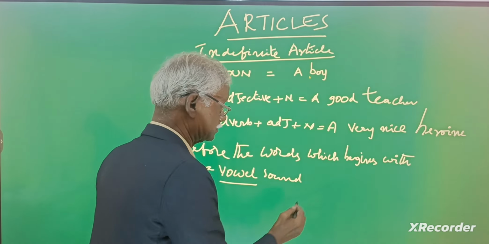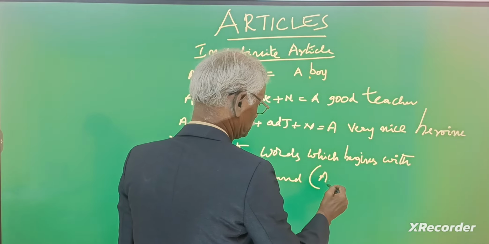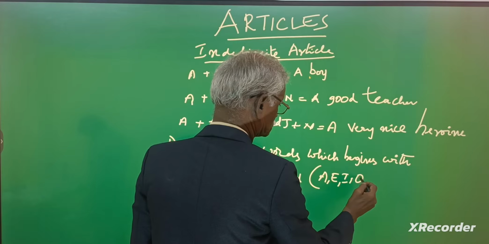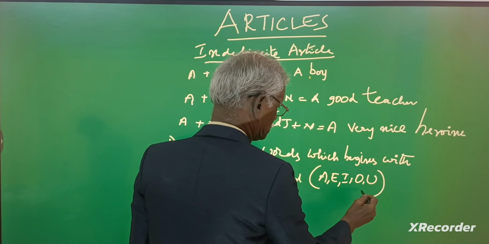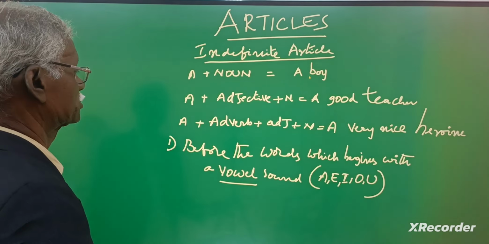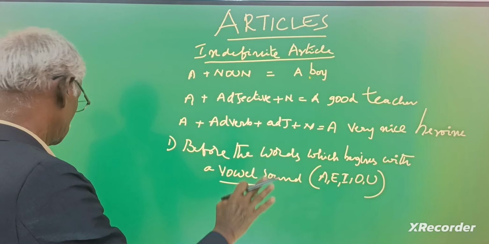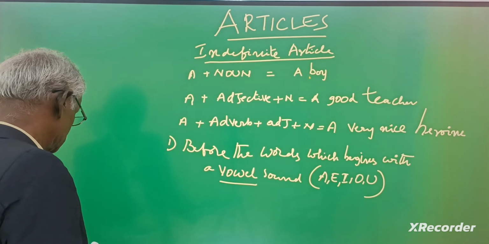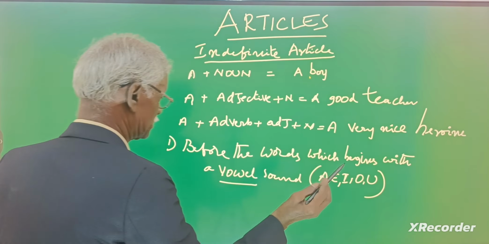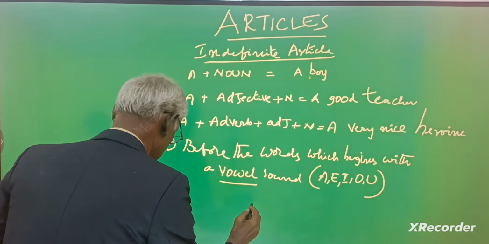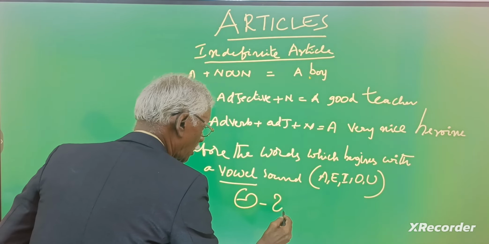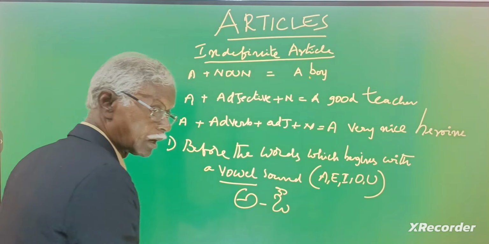Which are called vowels? A, E, I, O, U. These 5 are called vowels. So before the words that begin with a vowel sound. Vowel sound, for example, a, au.